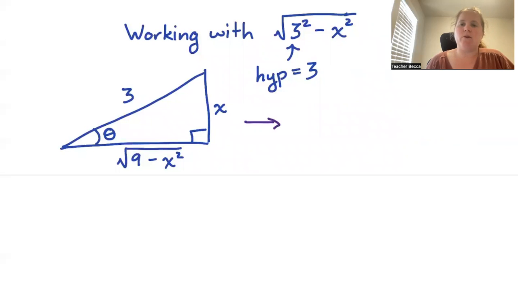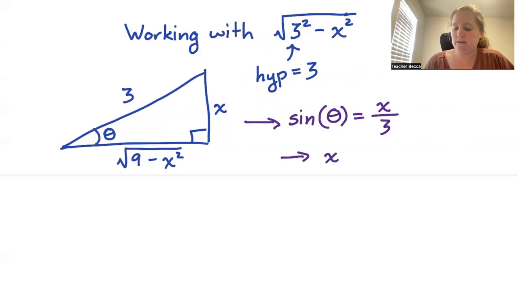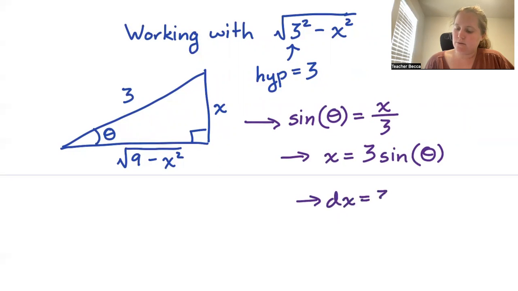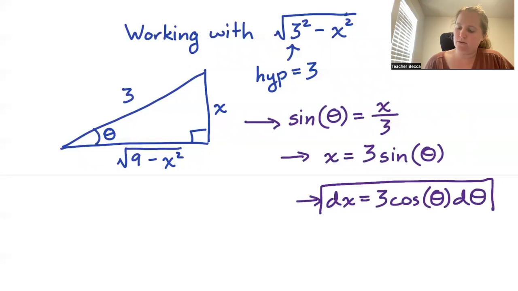The relationship involving the x and the 3 is our sine relationship. So we have sine of theta is x over 3. That means, of course, that x is simply 3 sine of theta. And we also have that dx is 3 cosine of theta d theta. So we have our substitution for dx, we have our substitution for x.